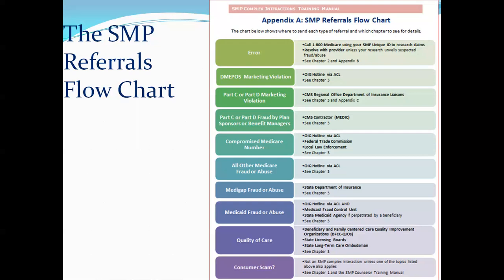If the nursing facility is trying to discharge someone too early or anything like that, KEPRO can help with that. Any other quality of care issues, it depends on what it is. They can be sent to the state licensing boards or the long-term care ombudsman.